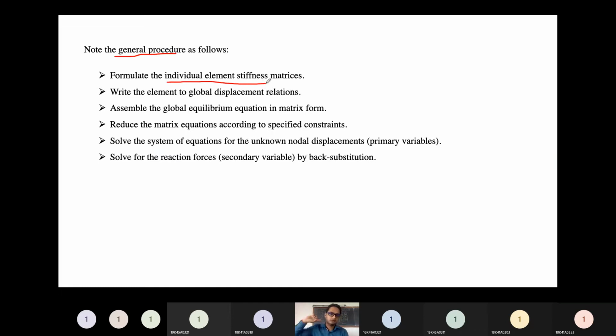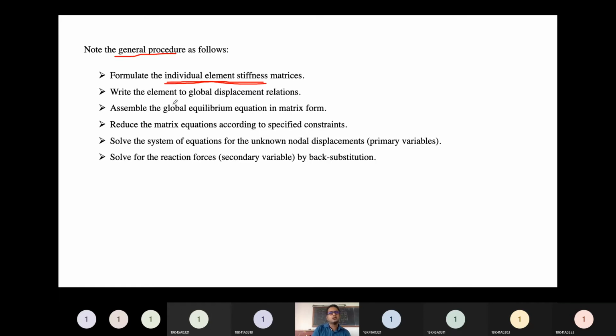In the numerical we did there, the first element had stiffness 3K, then 2K, and finally K. So remember the steps. First, we wrote the individual element stiffness matrix.